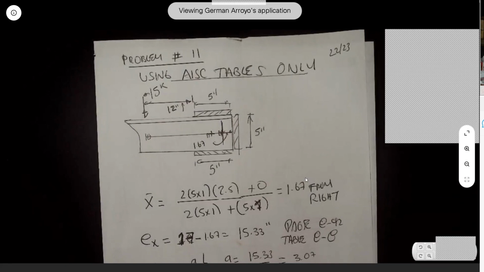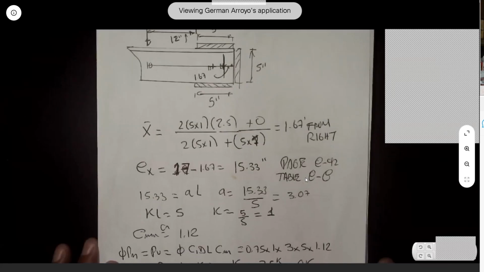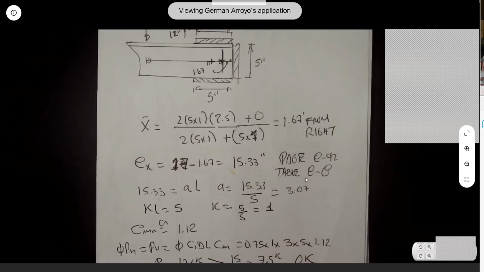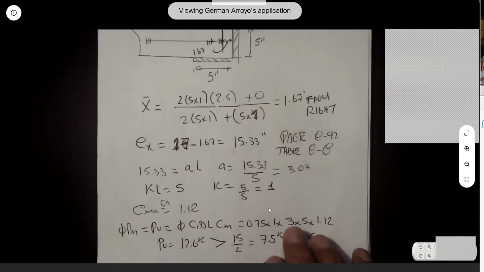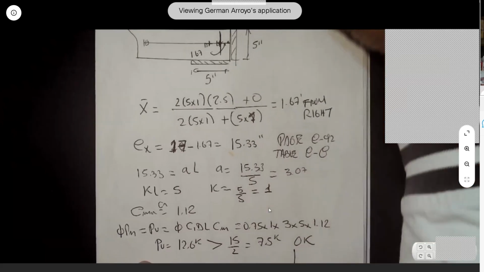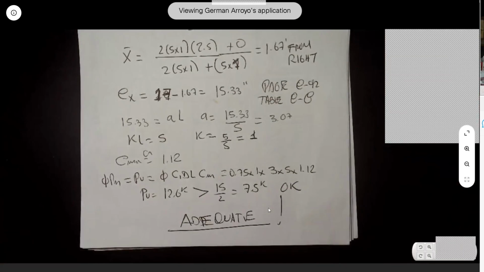So whenever you go to the table with a value of about 3 and 1, you find that C minimum is about 1.12. From the formula on the top left of the table, phi C C1 D L C sub M, 0.75, the value of C1 because of E70 is 1.